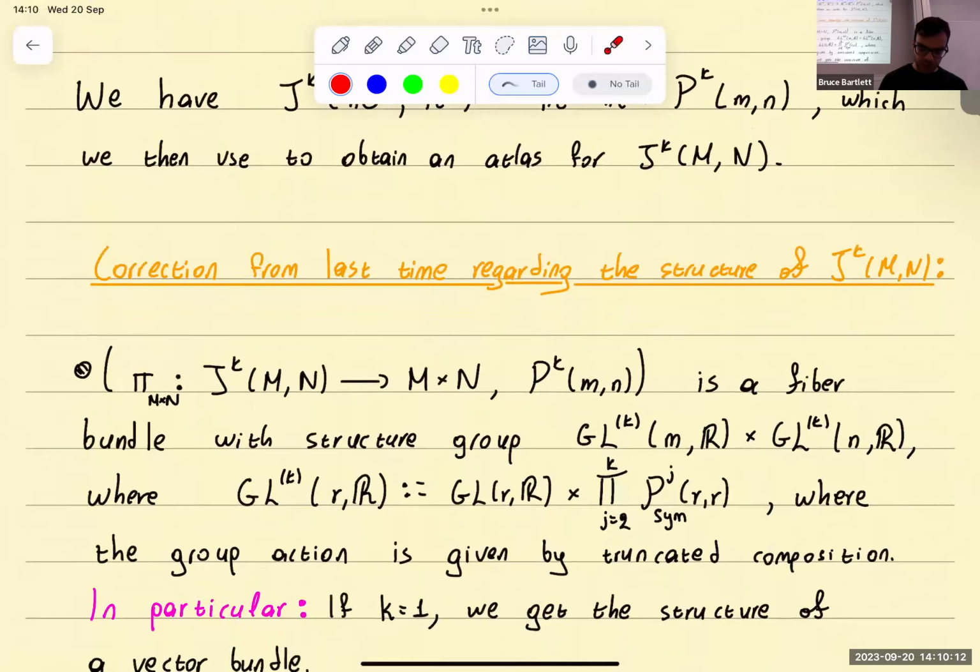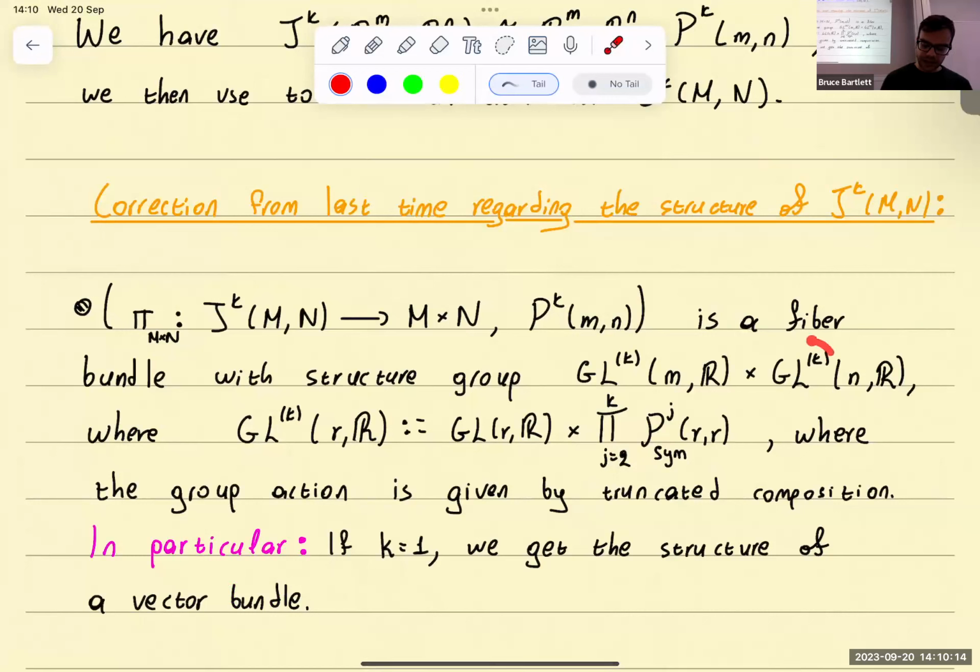And the structure group ends up being this interesting product of groups. So what's GL^(k)(m, R)? The definition is it's just the product of the general linear group with this funny thing here, which I guess is a product of the spaces of symmetric polynomials in m variables and m coordinates.